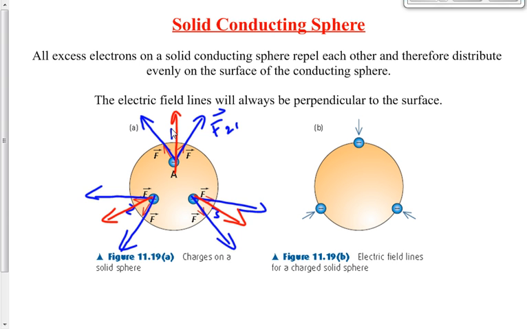Now, why don't they go beyond the outer surface? Why don't they go off into the air, like this? This red net force acting on charge number 1 here is pushing it out, right? Why can't it keep pushing it way out here? Well, if it's big enough, it can.